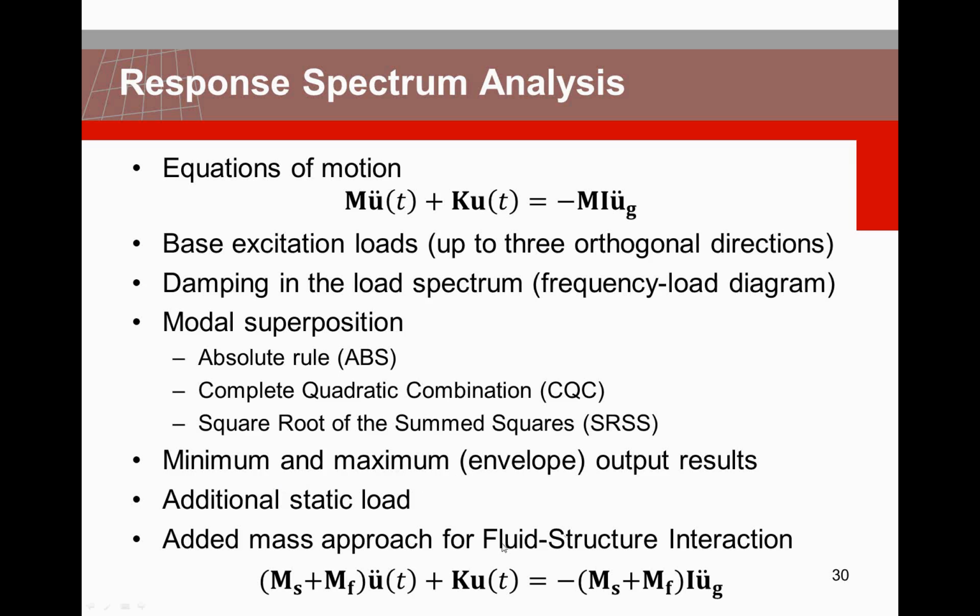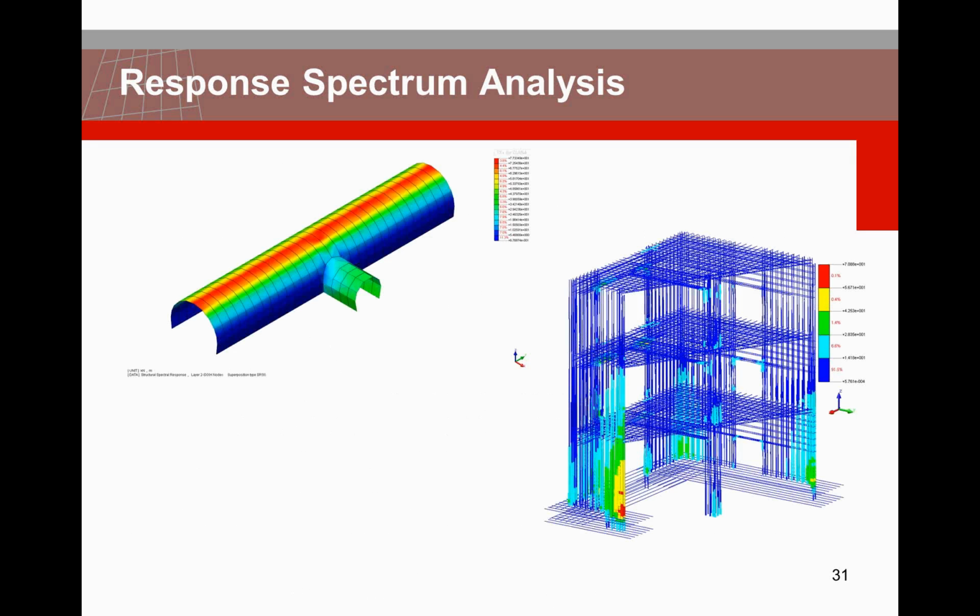In case you want to do a fluid structure interaction approach, then again you can only do an added mass approach. So you have your MF here, and you have your MF also in your loading. Results will look like this, where you see the SXX for the tunnel.